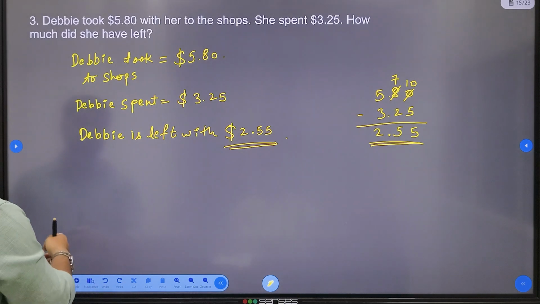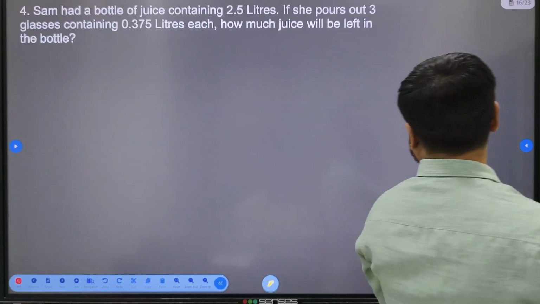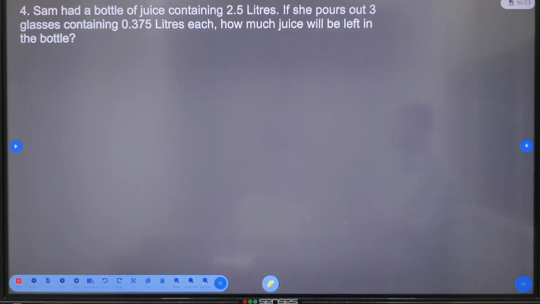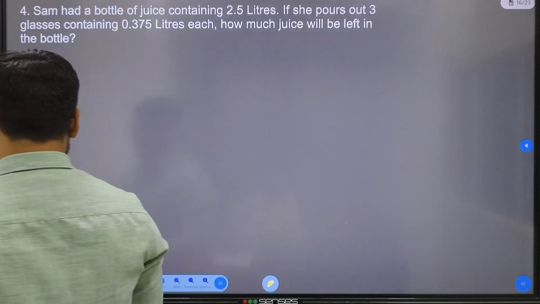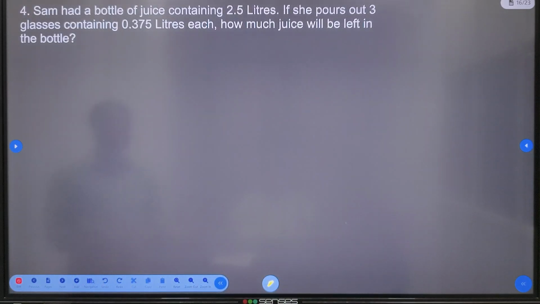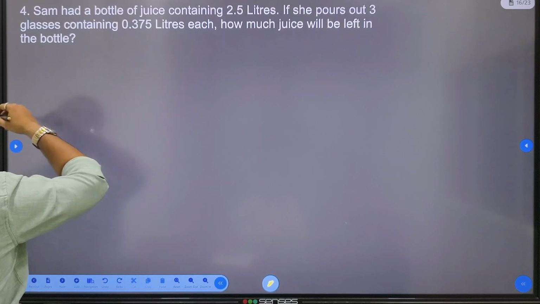Question number 4. Sam had a bottle of juice containing 2.5 liters. If she pours out 3 glasses containing 0.375 liters each, how much juice will be left in the bottle? So initially she had how much?